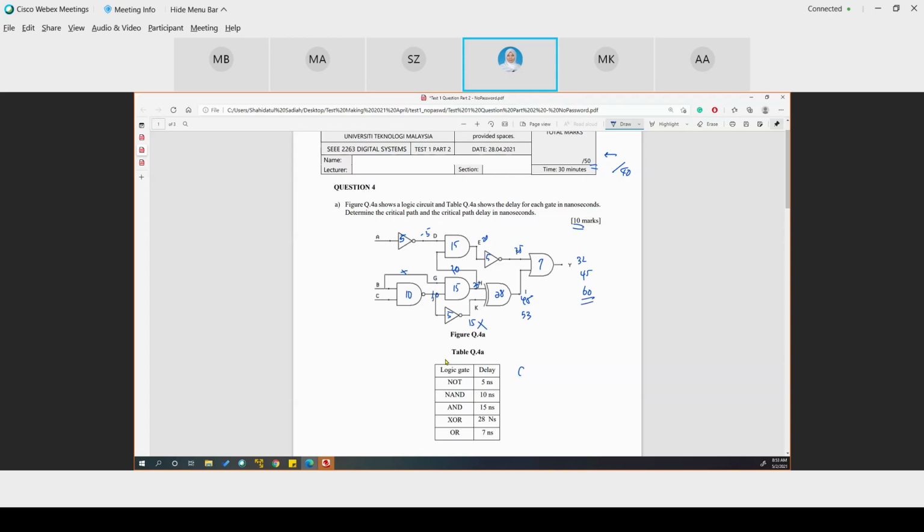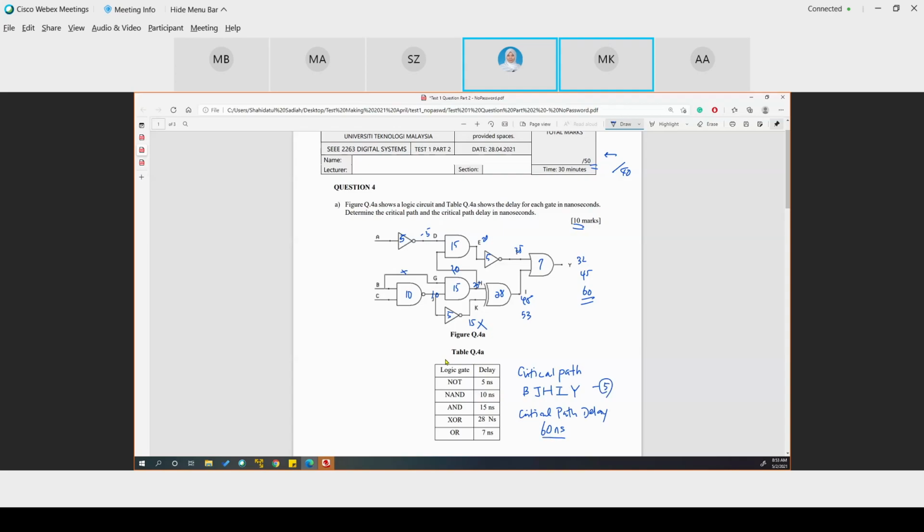And the critical path, you have to find the critical path and critical path delay, right? Critical path is B, J, H, I, Y, and critical path delay is 60 nanoseconds. Excuse me, doctor.